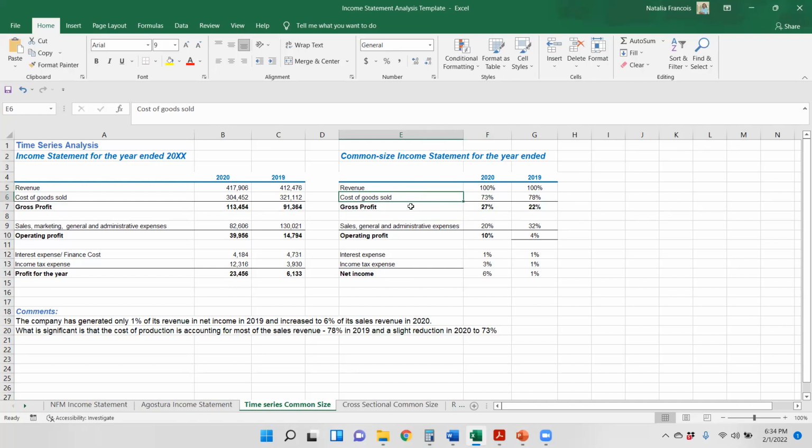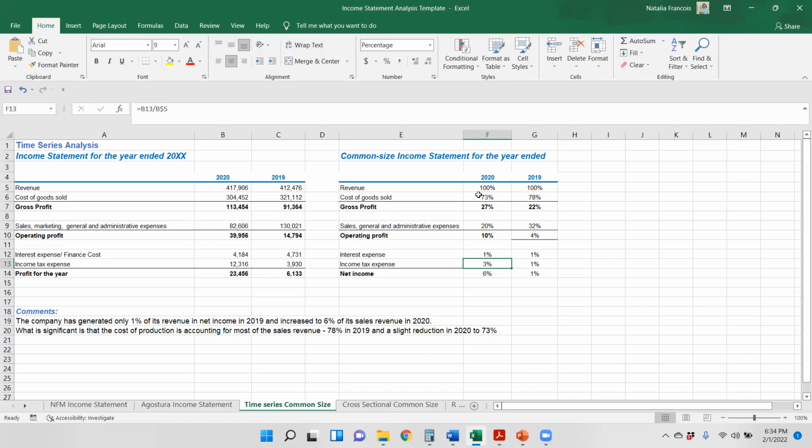How much of the revenue resulted in a gross profit? How much of the revenue was taken up in sales, general, and administrative expenses? And how much of the revenue was paid in interest expense? How much was paid in income tax expense?